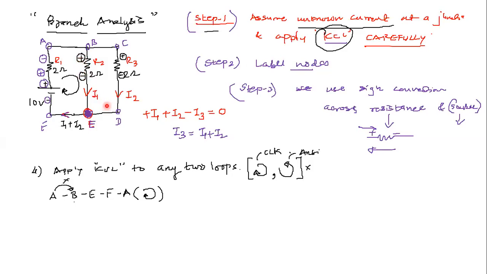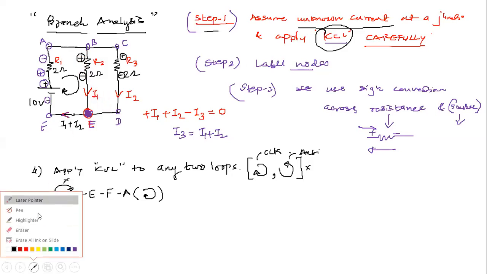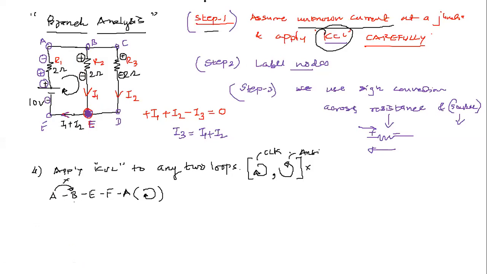So there is a fall in potential, and I'm going in the direction of current. I've told you in past lectures that whenever you go in the direction of current, it is a drop. So it will be minus 2I1, right? Then plus 10, fine.